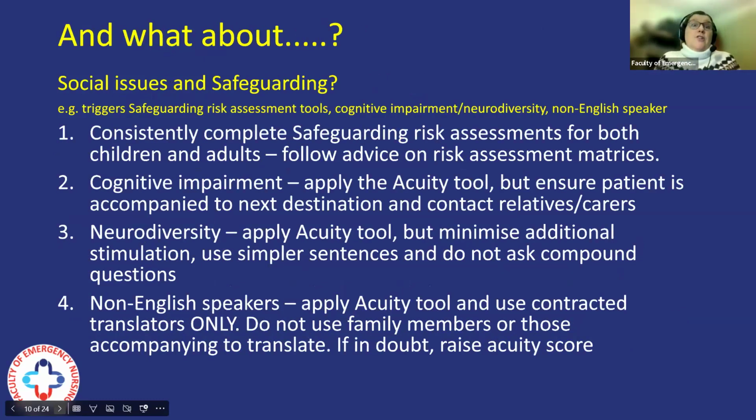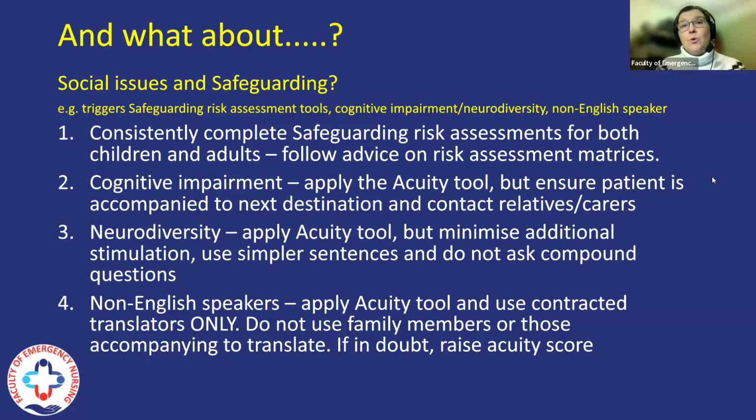Okay, what about social issues and safeguarding, we were asked. Right, well, the first thing I would say is consistently complete your safeguarding risk assessments for both adults and children. I've watched in more than one organisation, and that is not well done. It's better done for children than for adults. I'm just going to say there are more adult patients than there are children patients.